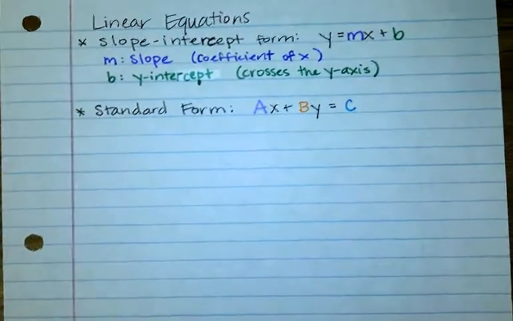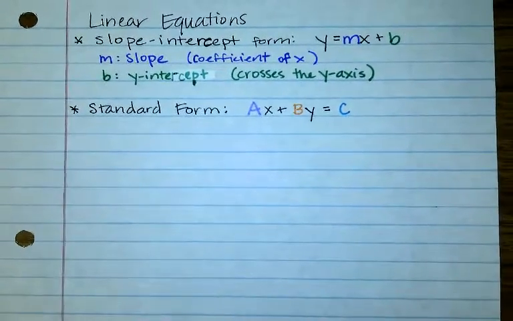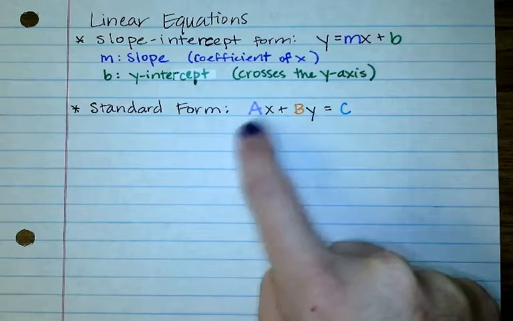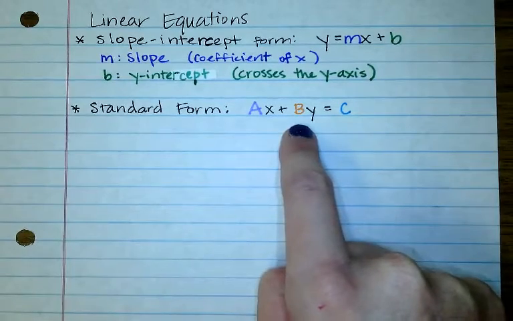Now guys, standard form comes in really handy, especially when we are writing equations from word problems. A lot of the times, if they give you some sort of data or decimal or rate or something that specifically refers to your x variable or specifically refers to your y variable, you will be using standard form, okay?